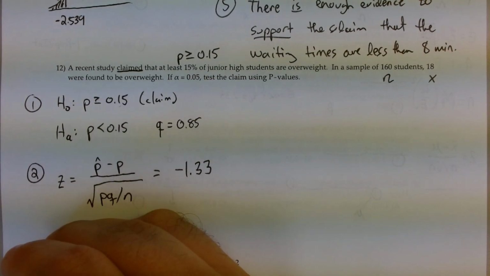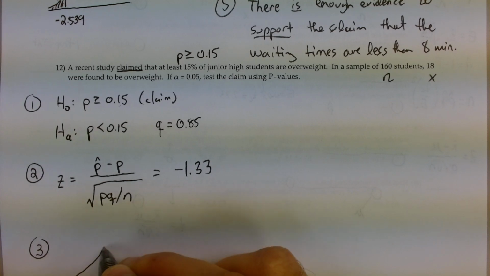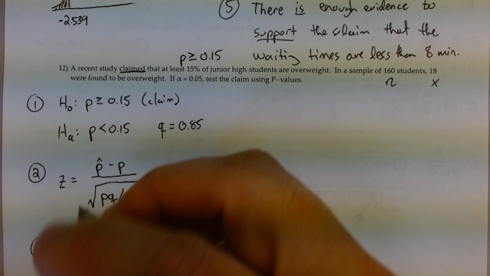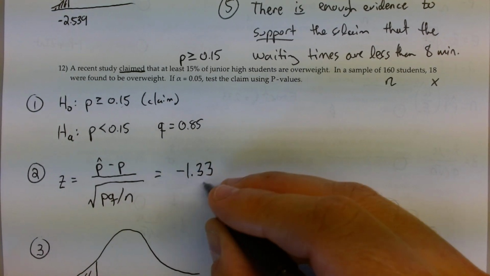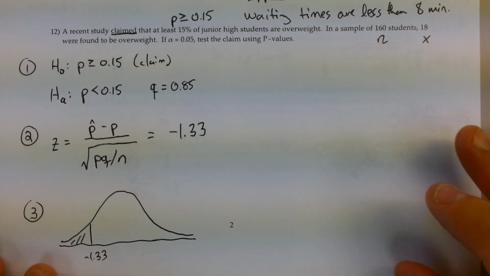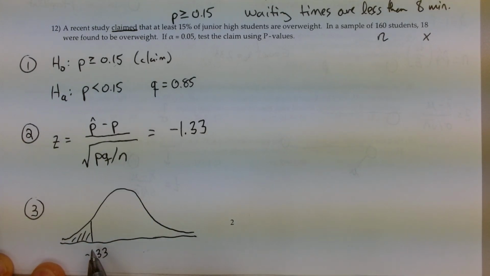And then in step 3 is where we draw the picture of what that looks like. And being a left-tailed test means that our tail's over here. And then we put that, kind of like a critical value, but not quite. But the p-value is the area in this tail. So there's a couple ways to do that.